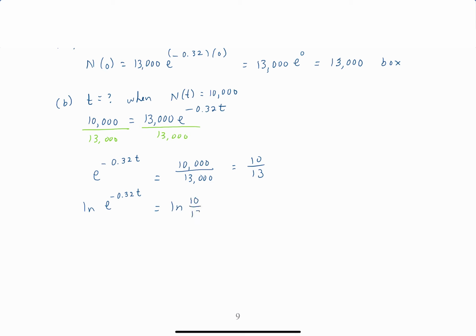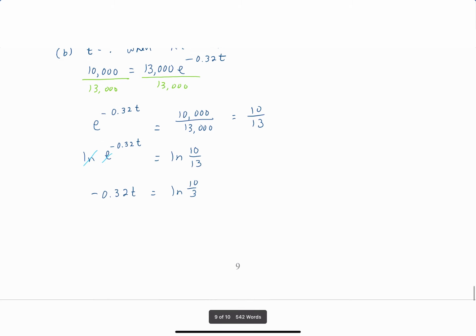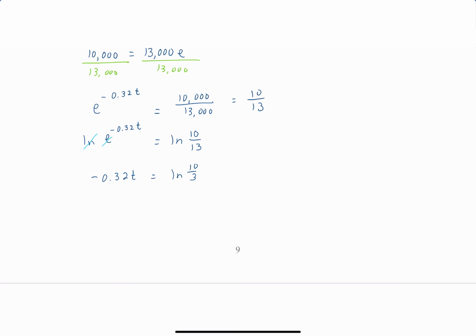that gets my t down out of the exponent because the ln and the e cancel each other. At this point, we have −0.32t = ln(10/13). And I need to divide both sides by that coefficient on the t to isolate the t.